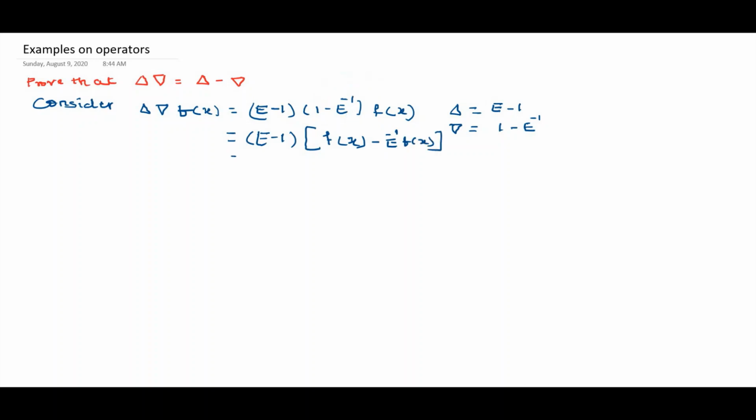This is equal to, again I will write e minus 1 as it is, and in the second bracket, first term f of x as it is, minus.